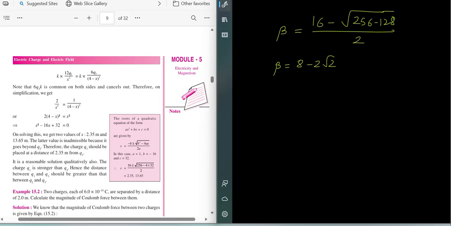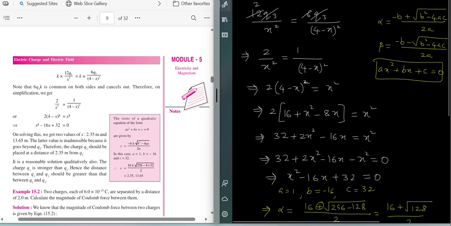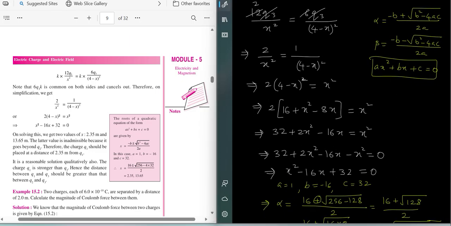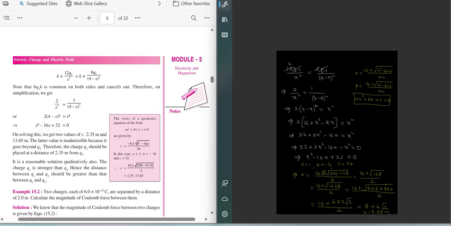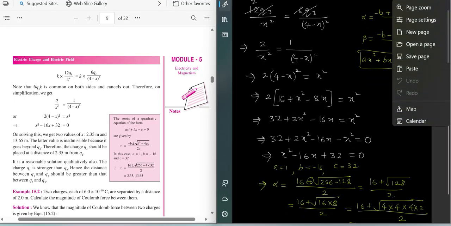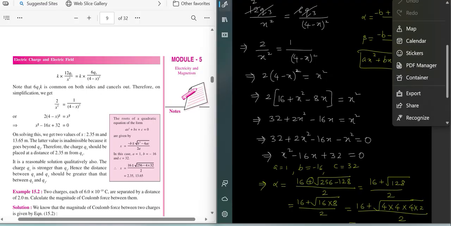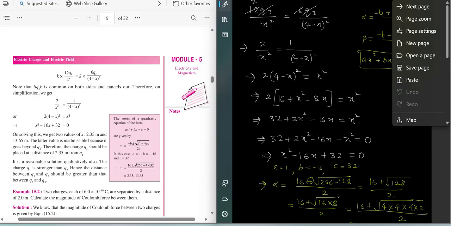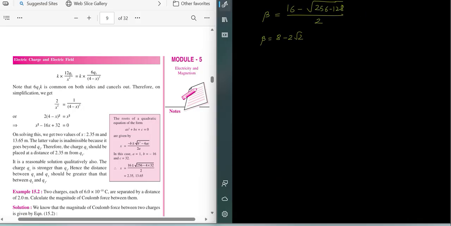And 8 minus 2 root 2 is nothing but, if you see here, it was what? This was 8 plus 4, sorry, 8 minus 4 root 2 it will be. This new page is not appearing. Let me check whether it's the next page. Okay, next page is here. So 8 minus 4 root 2, not 2 root 2.